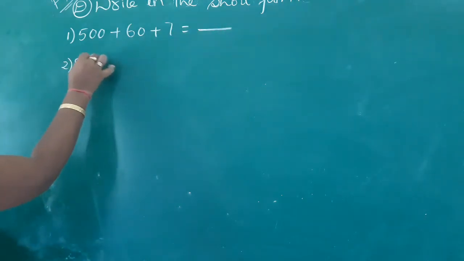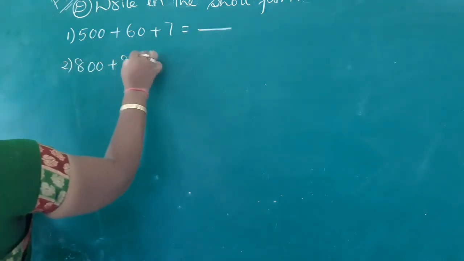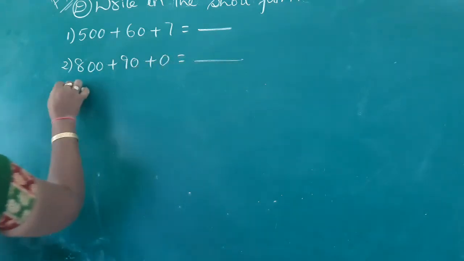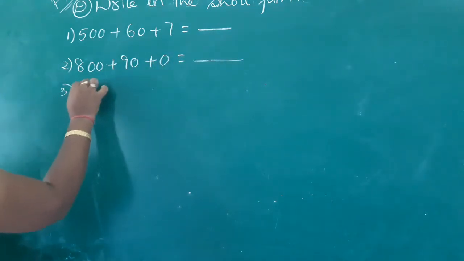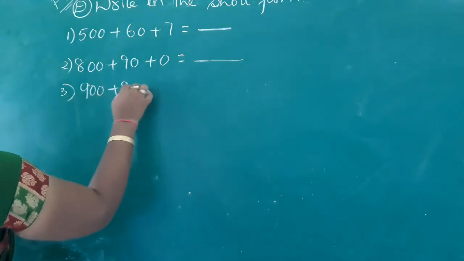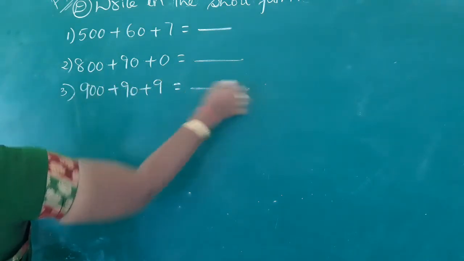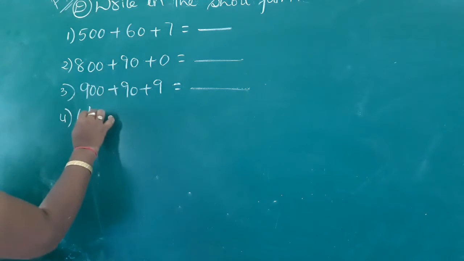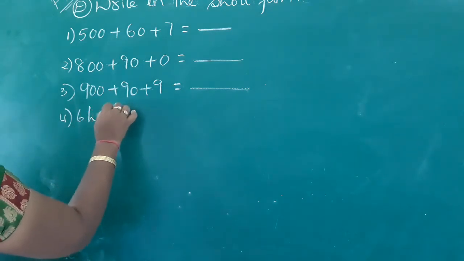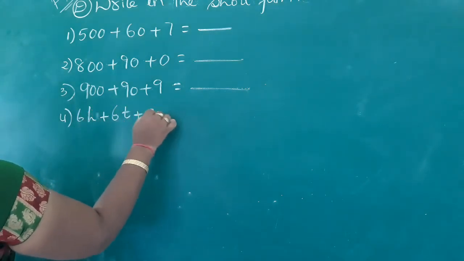Second one, 800 plus 90 plus 0. Third one, 900 plus 90 plus 9. Fourth one, 600s, 6 tens, 3 ones.